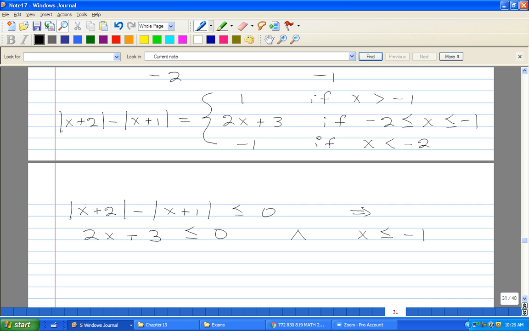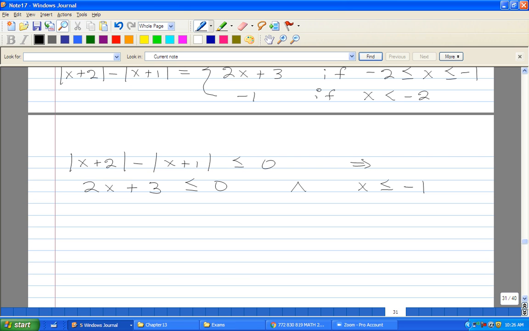Okay, so because if it's greater than -1, then it's greater than 0. Okay, so subtract 3 from both sides of my inequality. Divide by 2. Well, automatically, x being less than or equal to -3/2 means that x is less than -1, since -3/2 is less than -1.